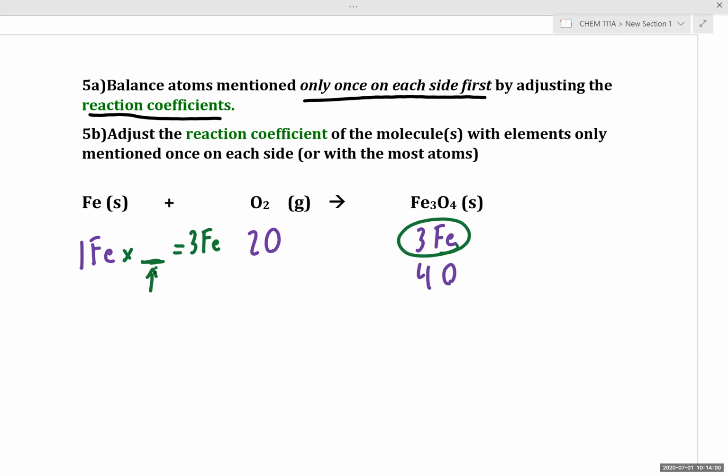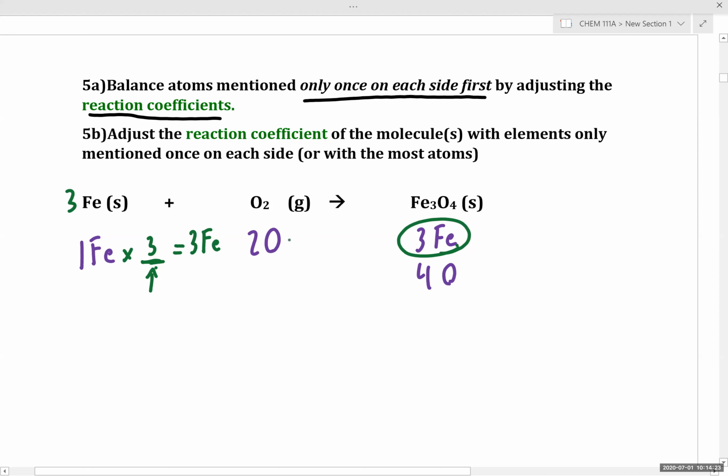What reaction coefficient should I guess? 3. 1 times what gives me 3? Yep. Okay, perfect. Again, to calculate the number of atoms, you take your formula, you look at the number of atoms indicated by the subscript, and then you multiply it by your reaction coefficient.